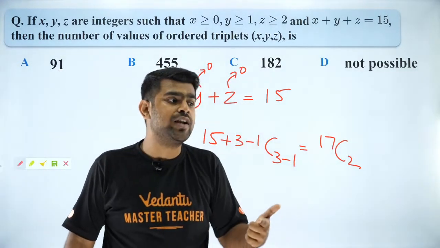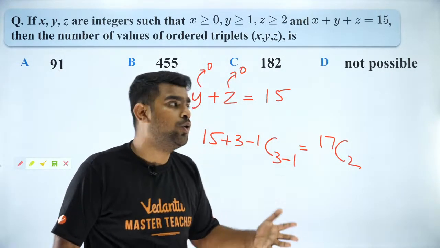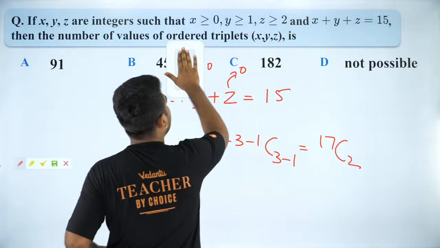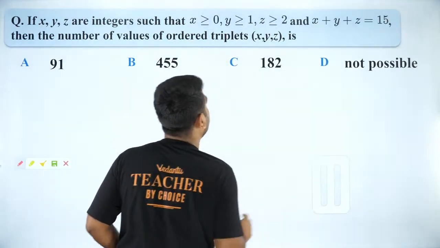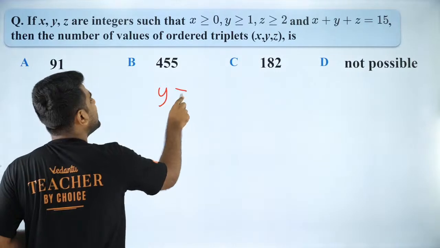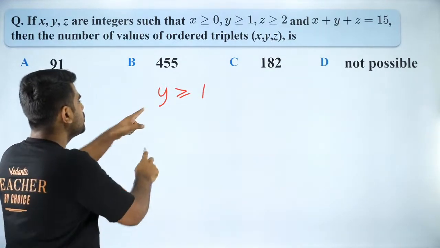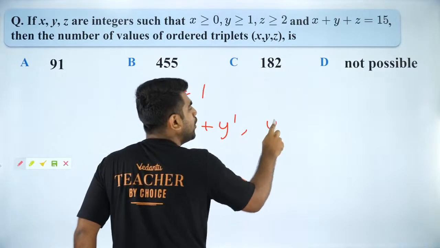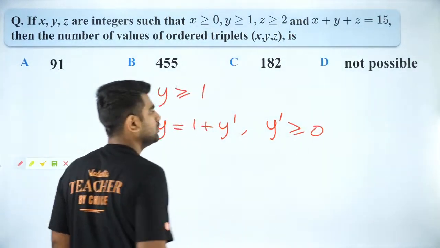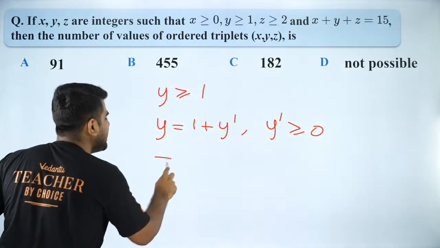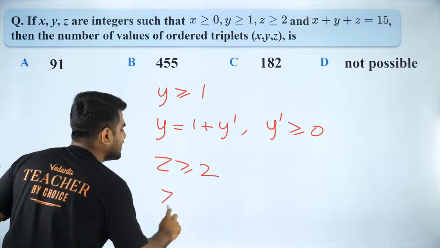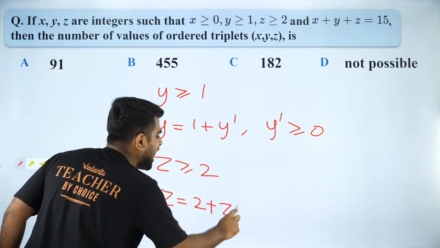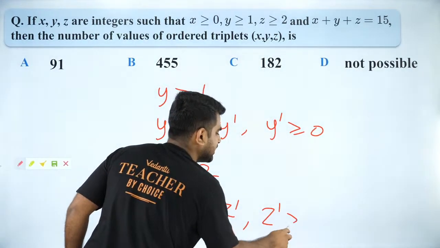So how do I ensure that they start from 0? Listen very carefully. I am going to do something very beautiful. I know my y is greater than or equal to 1. So I will write my y as 1 plus y dash such that y dash is greater than or equal to 0. And we know z is greater than or equal to 2. So I will write my z as 2 plus z dash such that z dash is greater than or equal to 0.